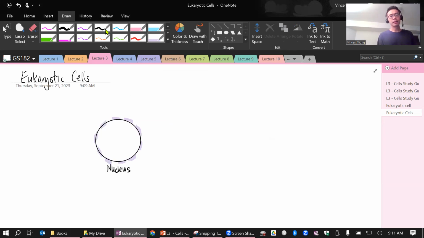Now let me show you another view here. Let's say this is the whole thing, and I have the whole membrane surrounding the entire thing. You would have some pores, some openings, and that's what these gaps are for. Those gaps are called the nuclear pores.